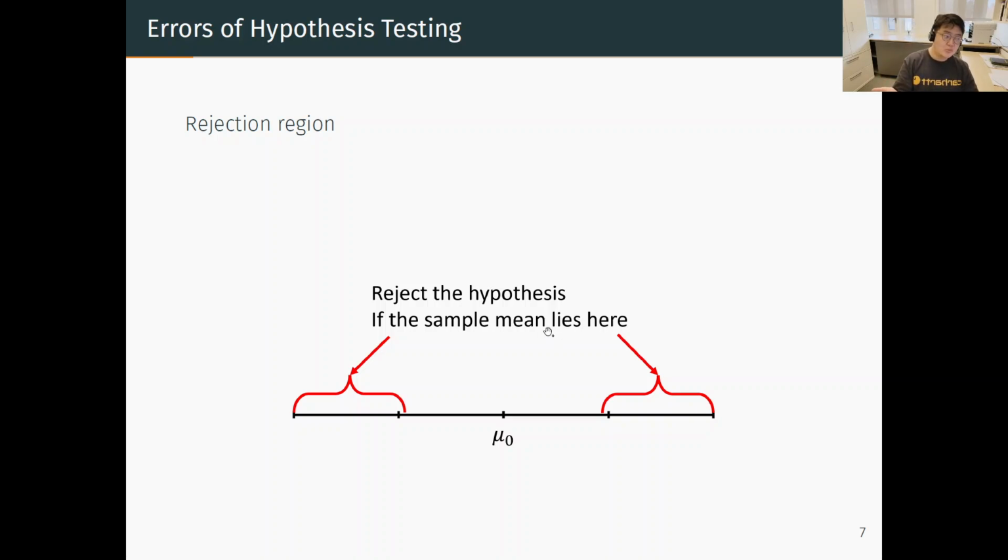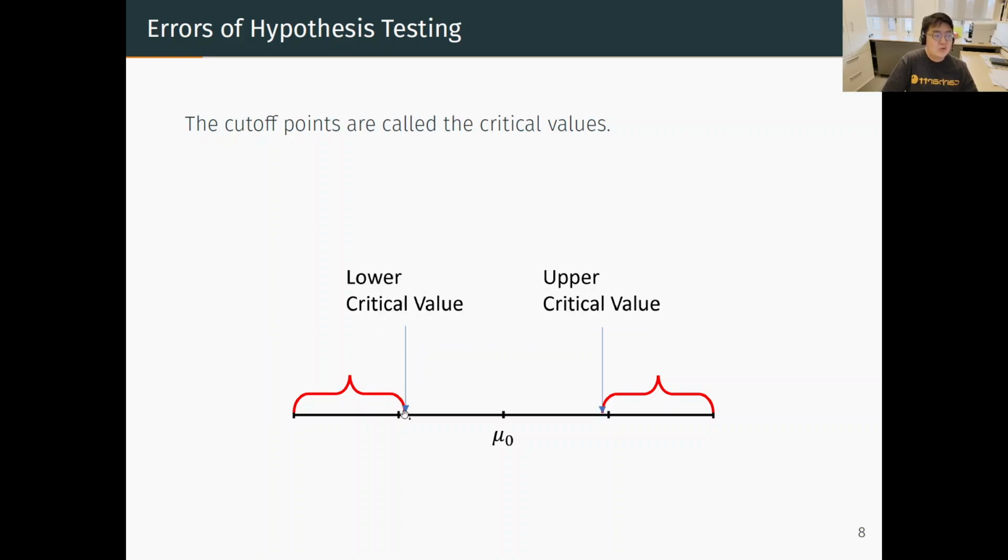We call them the lower critical value and the upper critical value. We set up critical values, and outside those critical values is the rejection region. We are going to reject outside the critical values.